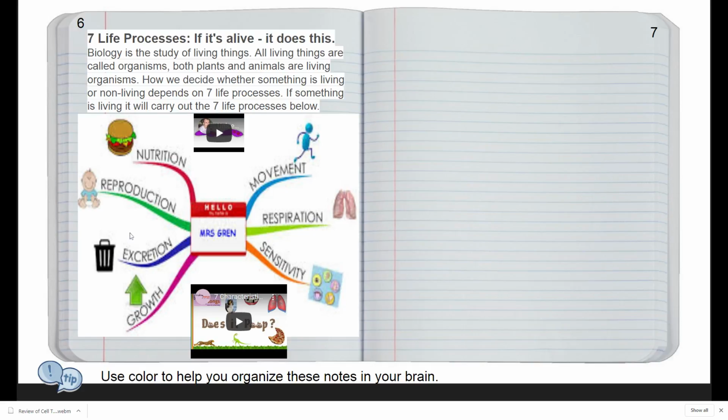The next thing on our list there on the left is excretion. And excretion means that you are getting rid of waste. So whether it's plant or animal cells, we take in stuff like nutrition, and we have to get rid of the things that the body cannot use. Some of it may be in the digestive tract. You eat something, your body can't use all the parts of, let's say, that hamburger.